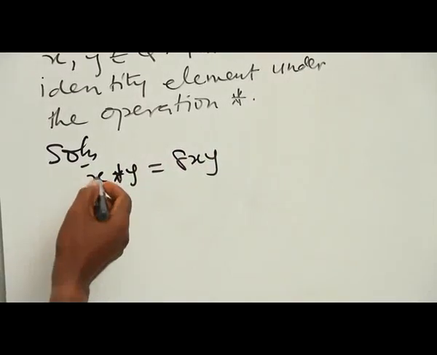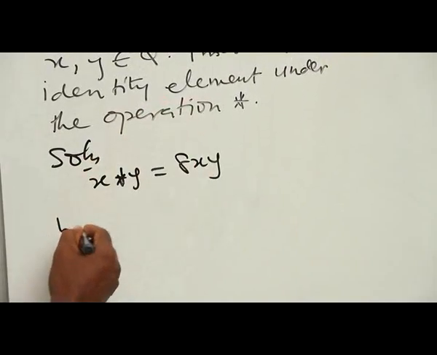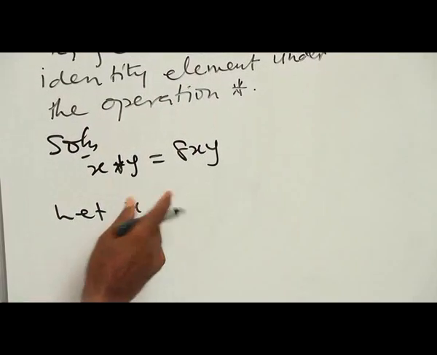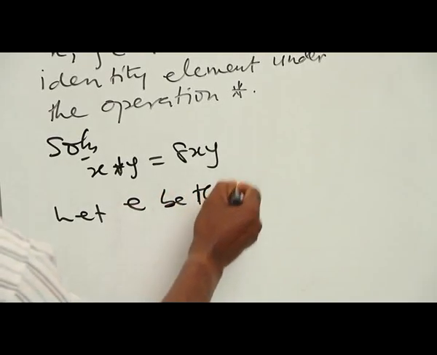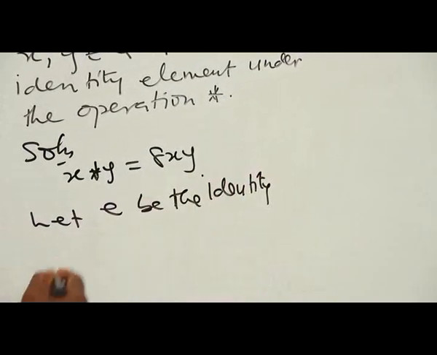Now, for this problem, we have S star Y is equal to 8SY. For us to find the identity element under the operation, let E be the identity element.